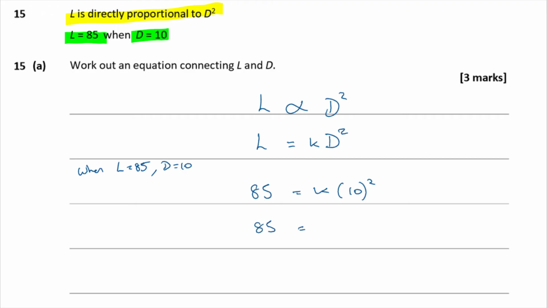So 85 is equal to 100 lots of k. That means k is equal to 0.85, if you divide both sides by 100. So we've got our constant of proportionality, and therefore the equation linking L and d together is L equals 0.85 lots of d squared.